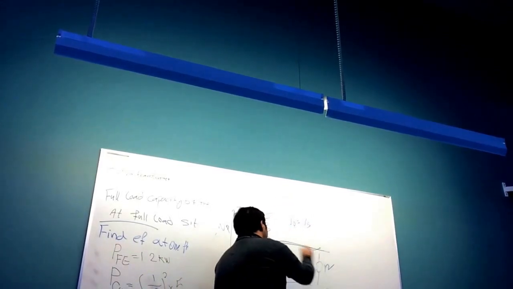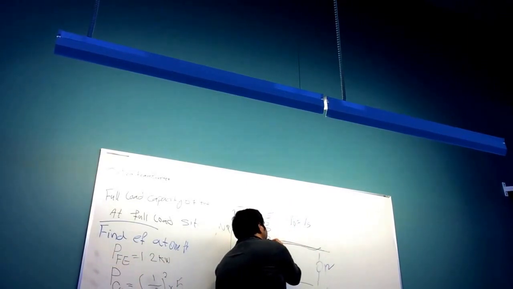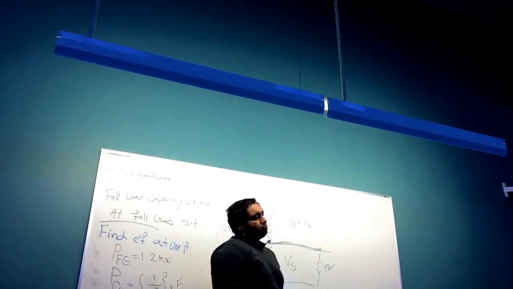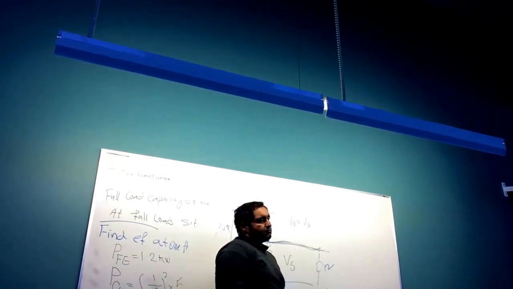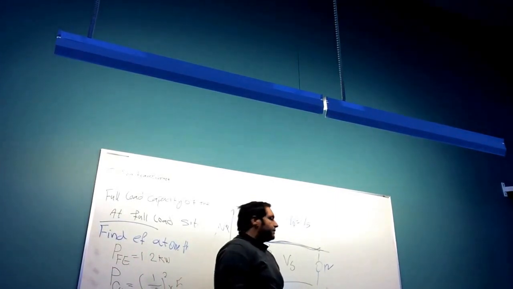In the middle of that, it's connected to your terminal for the secondary. If we use one winding, does that mean the primary power equals the secondary? No, it's not equal. The same process is going to happen.